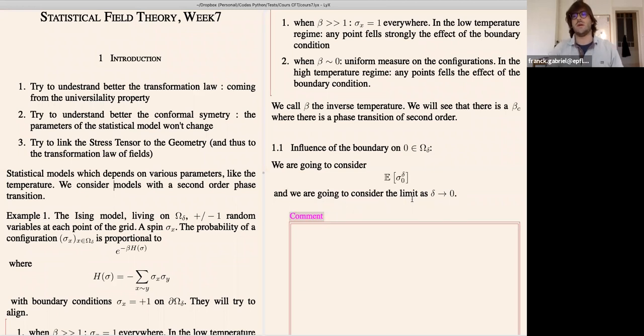So we are considering an Ising model on a grid whose mesh is going to 0. We have plus boundary condition, and we are wondering what's going to happen when delta goes to 0.